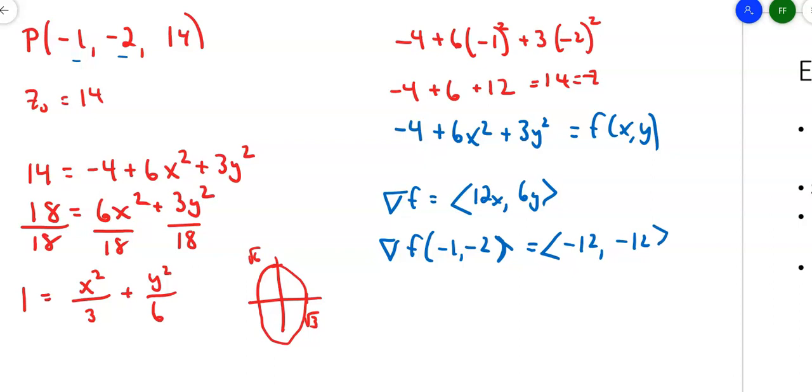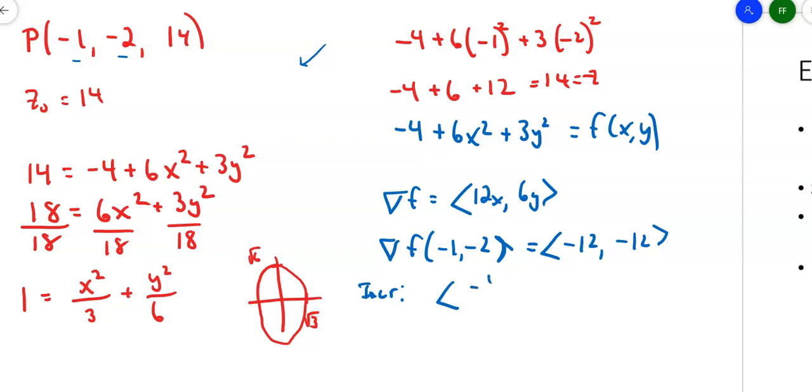is also negative 12. All right, if you see something like this, can you jump to the fact that the unit vector then must happen to be 1 over the square root of 2, 1 over the square root of 2? Negative 12 is just down in the third quadrant going that way. So the direction of maximum increase is the same direction as the gradient.